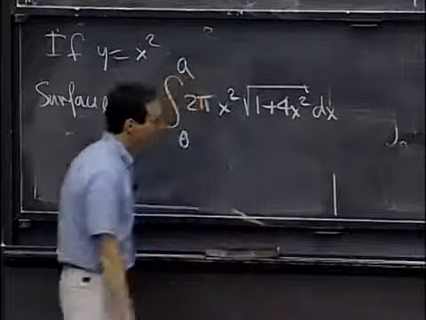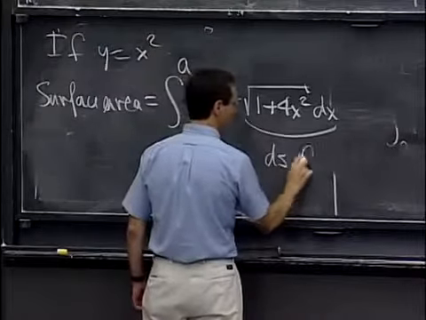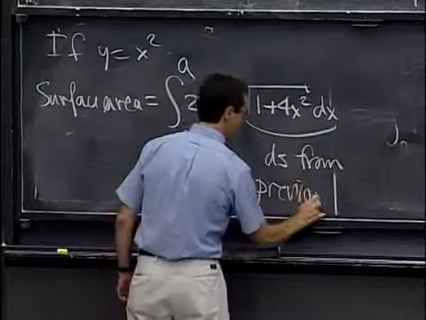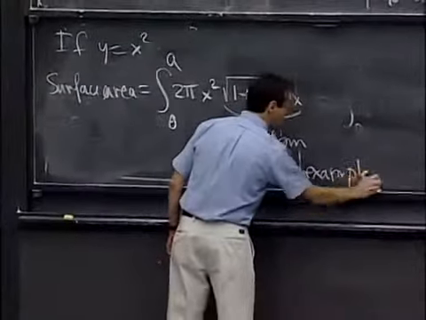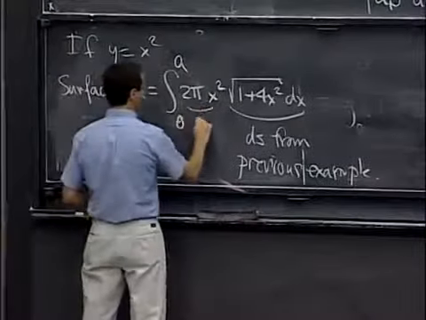All right, remember we had this from our previous example. This was ds from previous. All right, and this, of course, is 2 pi y.